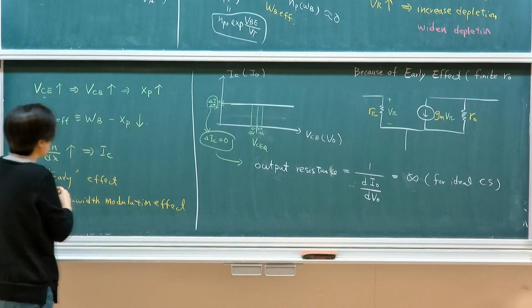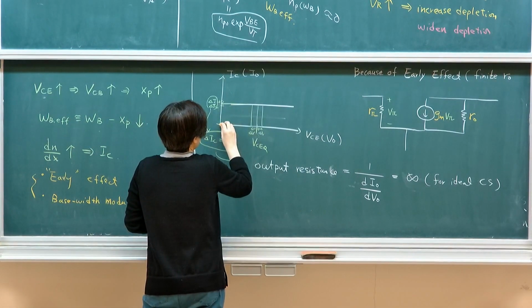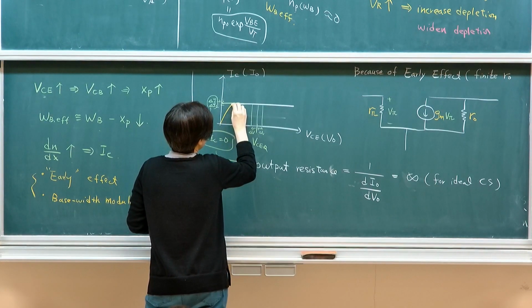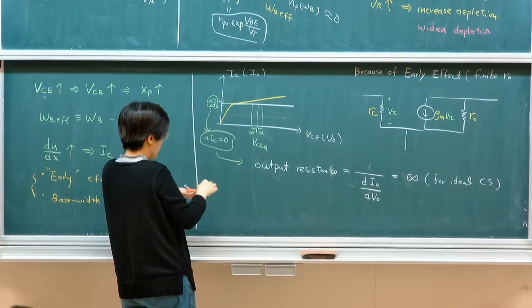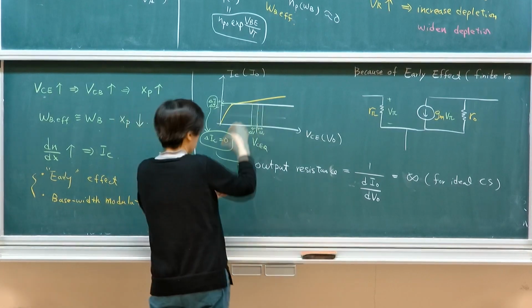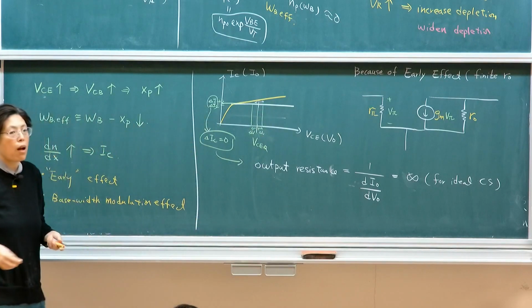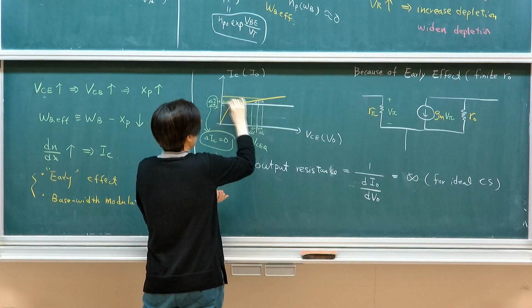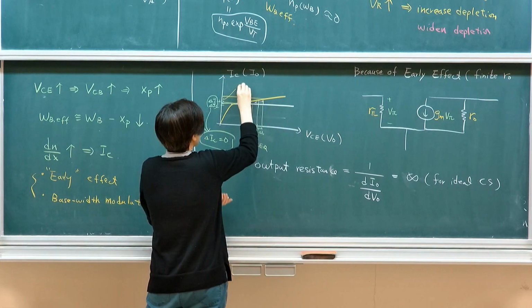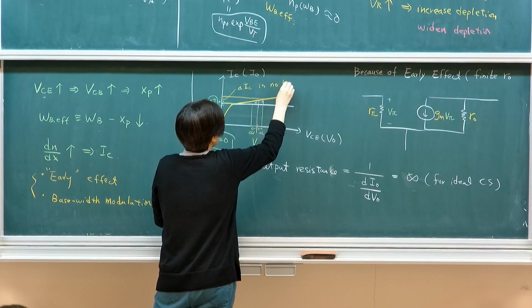But if we consider early effect, then the curve will look something more like this, right? The real curve will be the yellow one. So if this is the case, when I do the same exercise, wiggling around from my operating point, it would reflect a small little delta I. So delta IC is no longer 0.